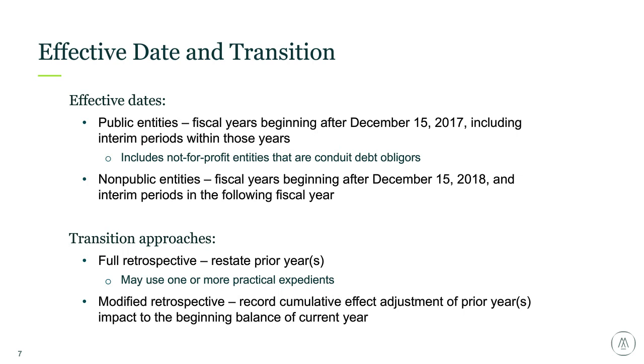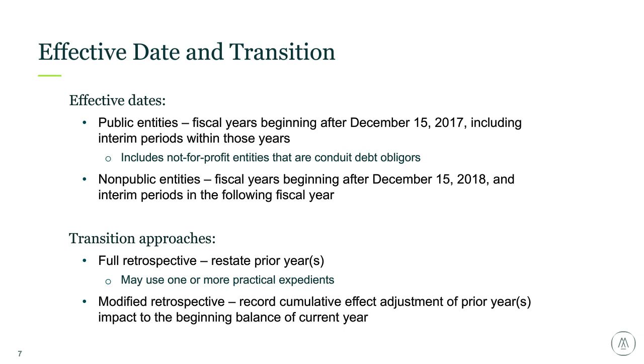And from a cumulative effect adjustment perspective, and we might talk about this later, it's likely for healthcare organizations that you're not looking at a big cumulative effect equity adjustment, where implementing this significantly changes the timing and the amount of revenue recognized. But those are the effective date and transition approaches.